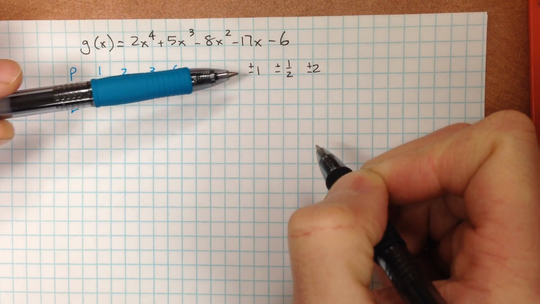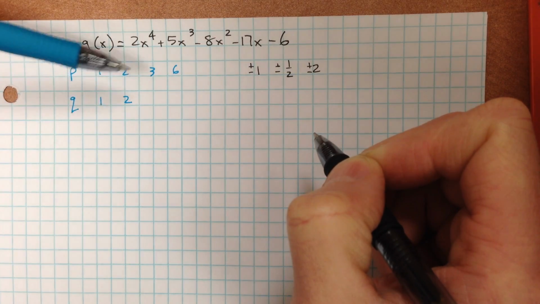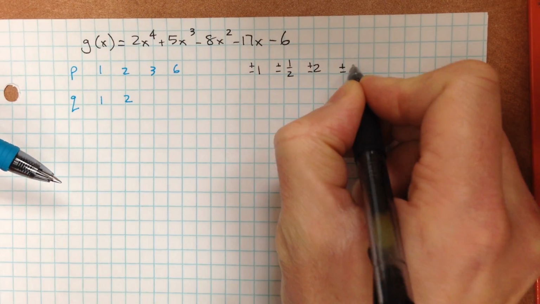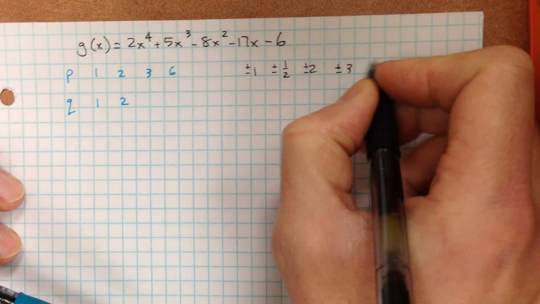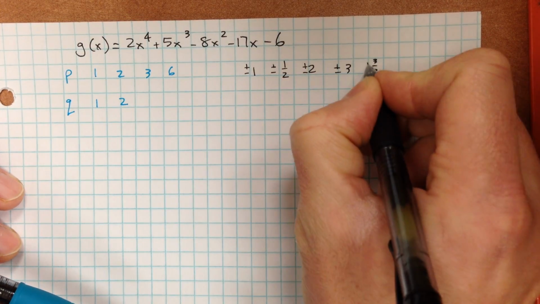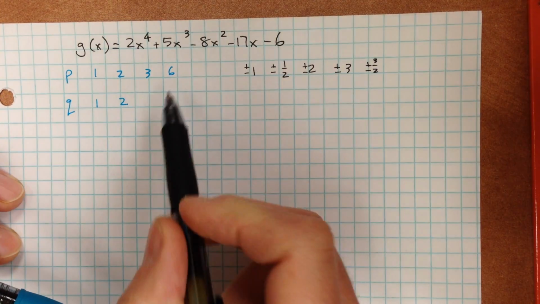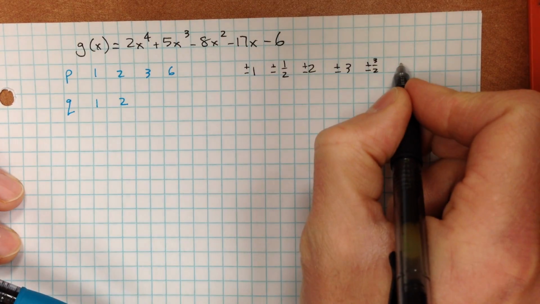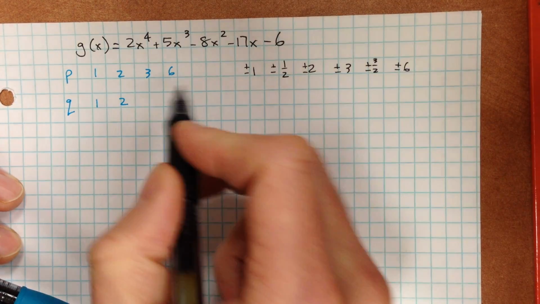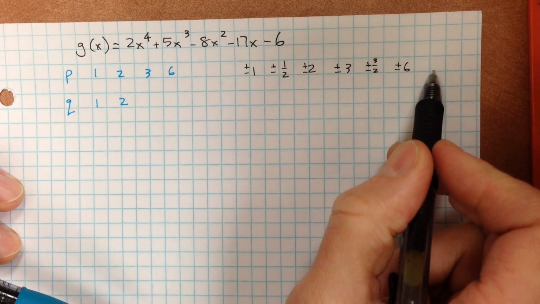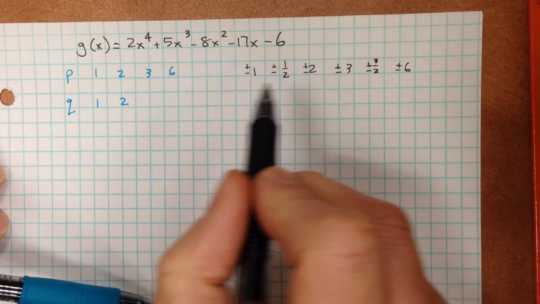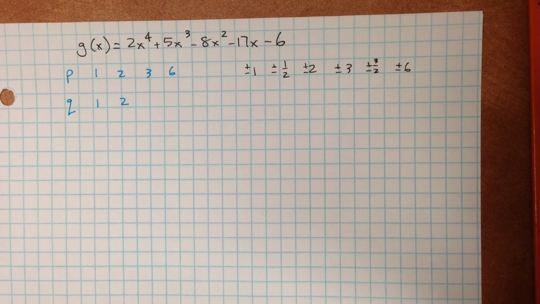We already have 1 listed, no sense in listing that again. 3 over 1 is 3. 3 over 2, 3/2. 6 over 1 is 6. 6 over 2 is 3, which we already have listed. There is a list of all the possible rational roots of my polynomial.